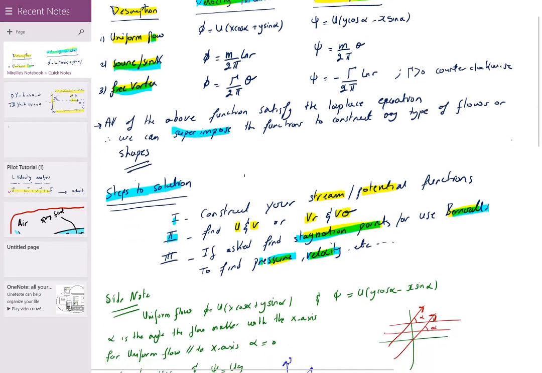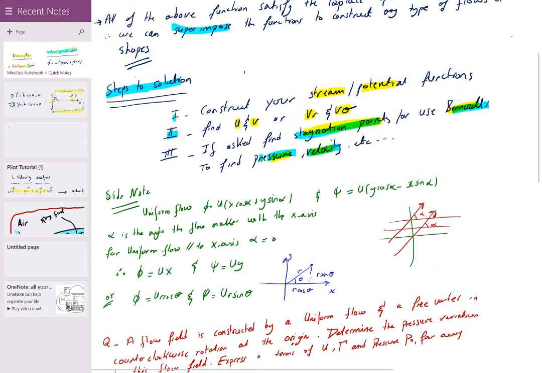So moving forward, a small side note: the uniform flow, which is given as we saw by phi equals u(x cosine alpha + y sine alpha), and psi equals u(y cosine alpha minus x sine alpha). It's important to note that alpha is actually the angle that the uniform flow u makes with the x-axis.